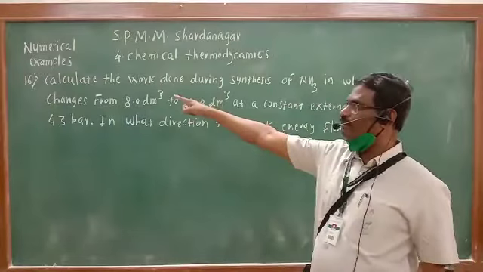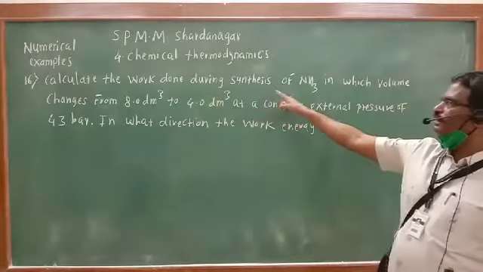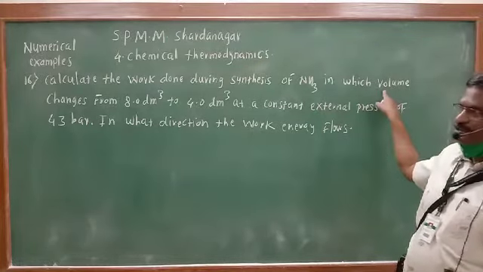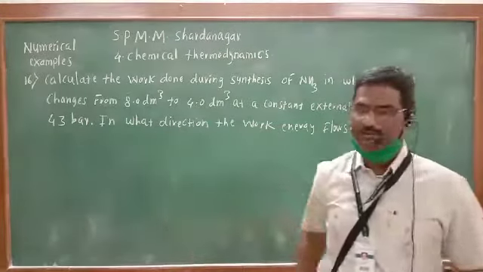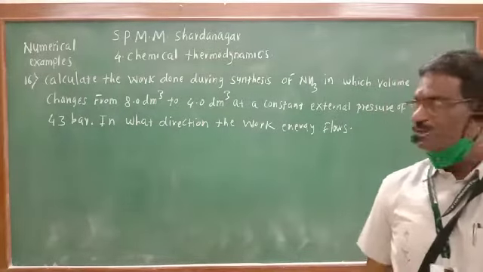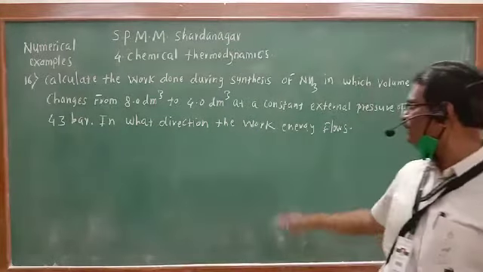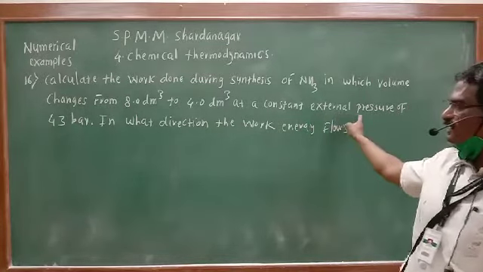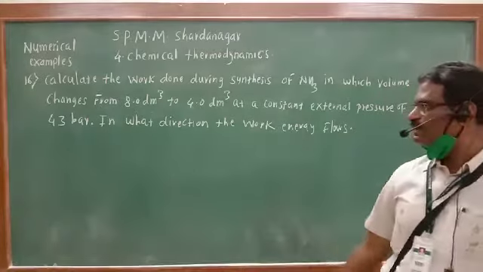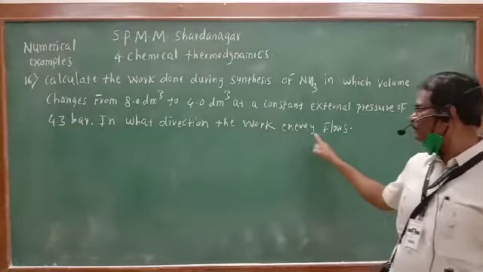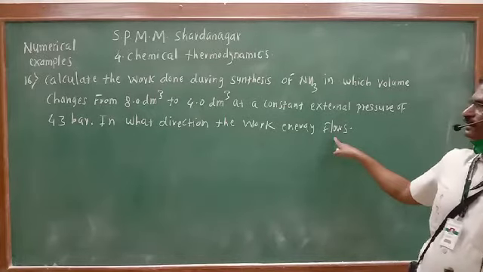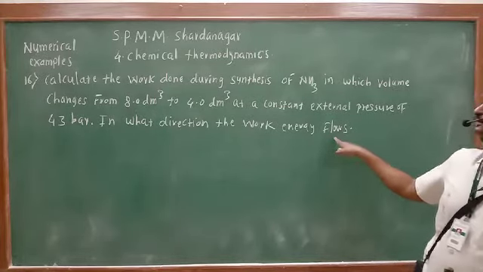The problem is: calculate the work done during synthesis of NH3 in which volume changes from 8.0 decimeter cube to 4.0 decimeter cube at constant external pressure of 43 bar. In what direction does the work energy flow? Here the change in volume is given.